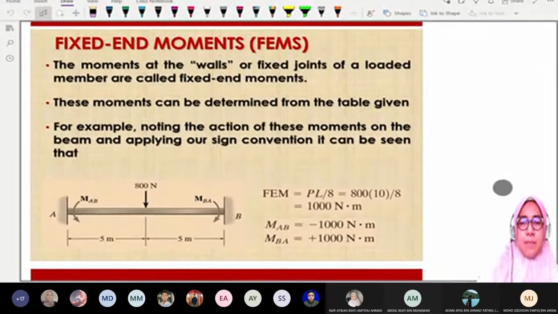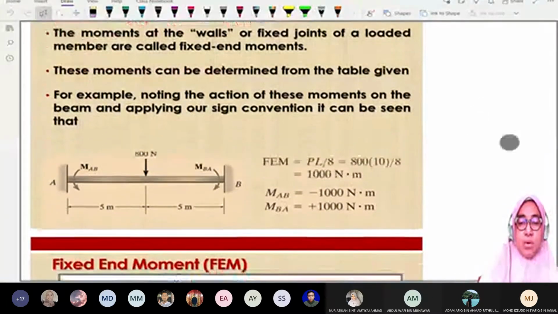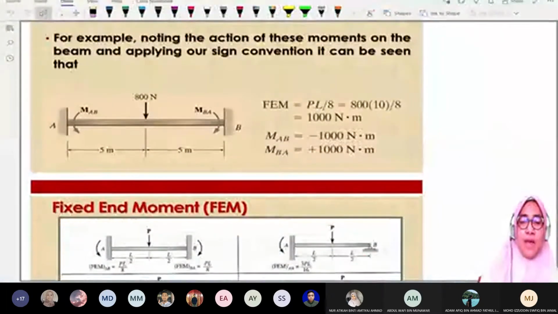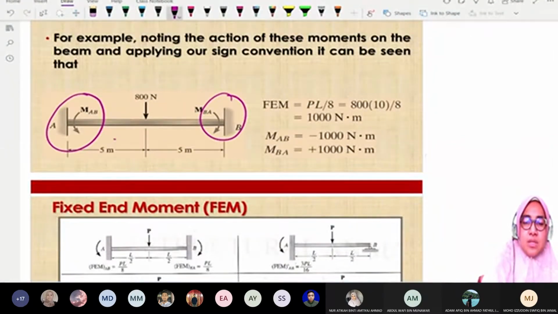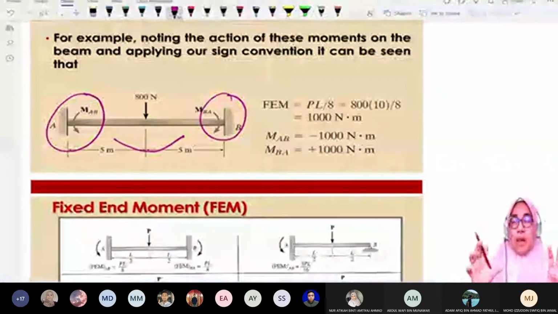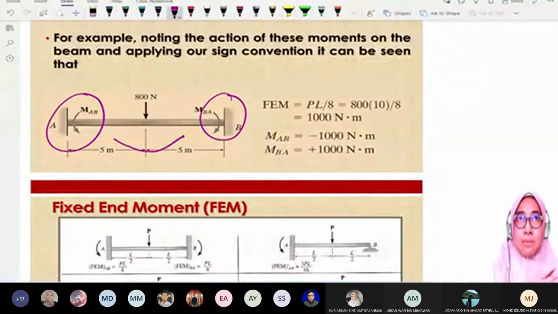This is fixed end moment behavior. Why do we have it like this? Because the beam will bend like this, so the moment will counter back, push back the bent beam to its original position.